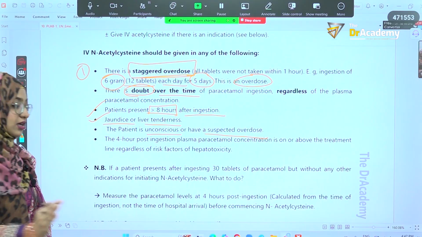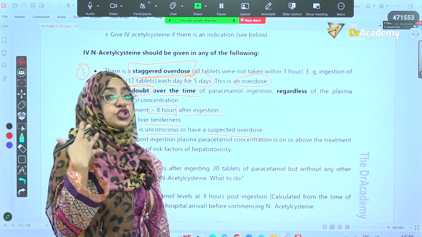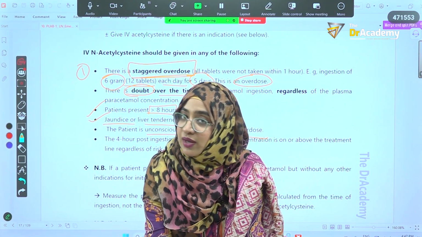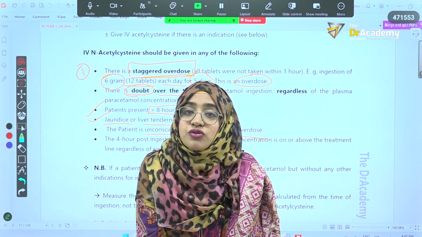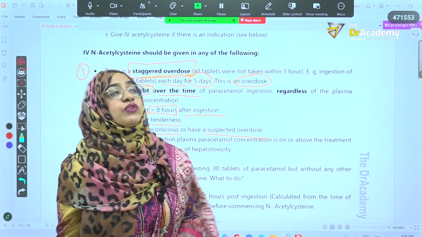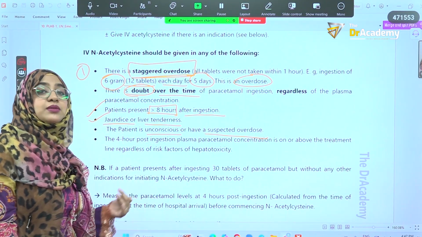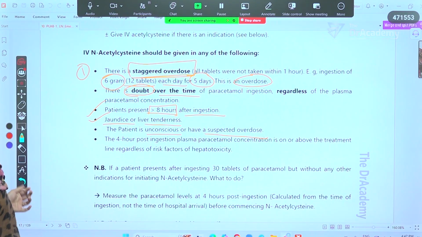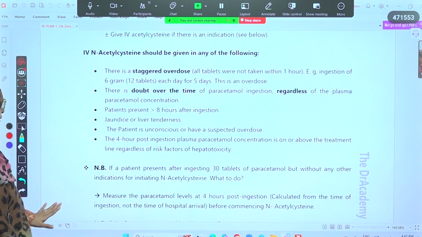That means the patient has come to you after ingestion, we have done the paracetamol level concentration and it is on or above the treatment line, then we will have to give the antidote of paracetamol poisoning, that is IV acetylcysteine.